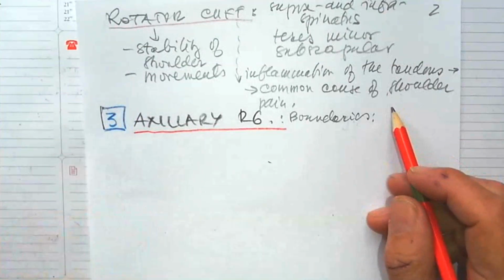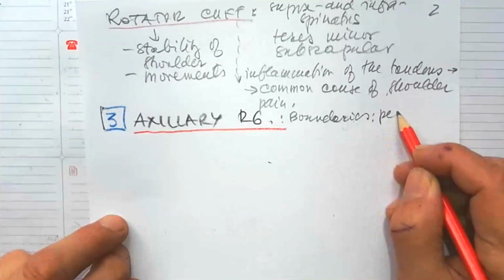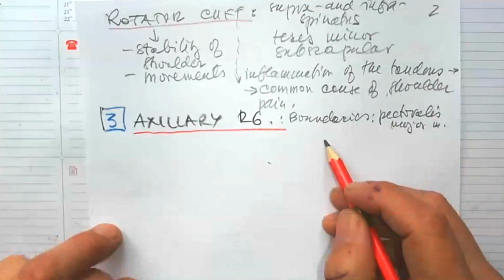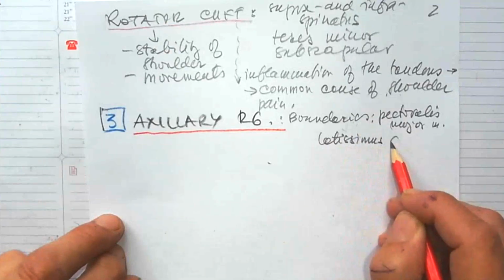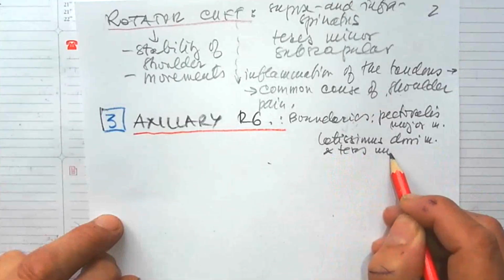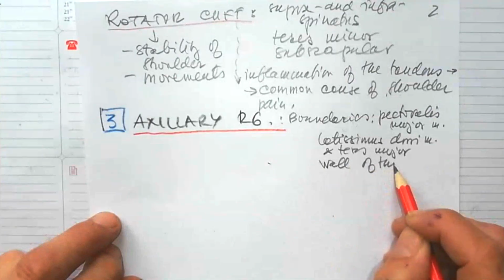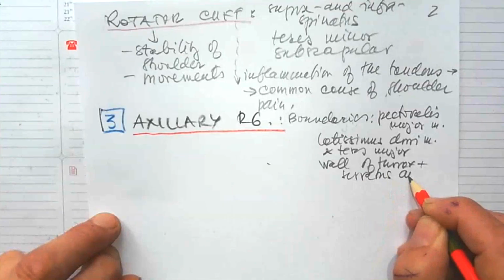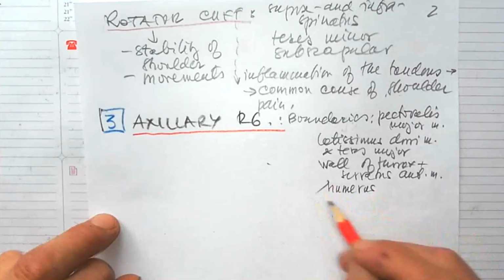Boundaries are in fact anteriorly the pectoralis major muscle, then posteriorly latissimus dorsi muscle plus teres major, then wall of thorax definitely, so that means ribs, plus serratus anterior muscle, and laterally humerus plus muscles attached to the humerus.